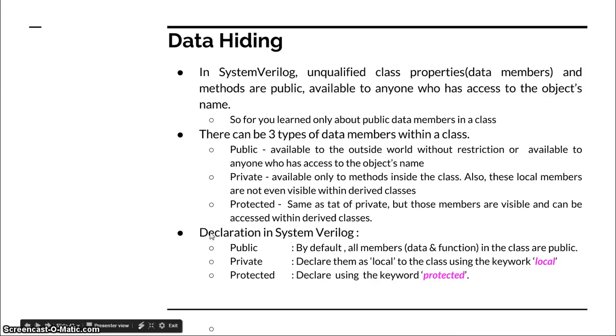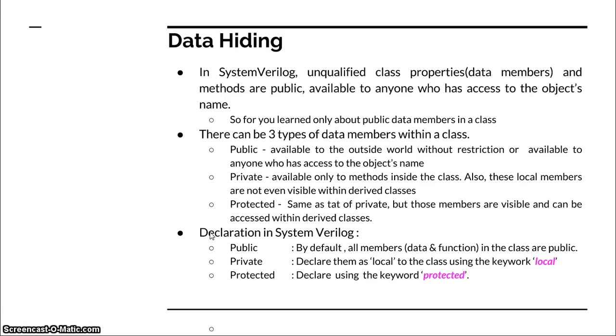That means you have to define member functions within the class which will access those data members and, if necessary, process and return some value. So if you want to get the value of a private data member, you have to add a function within the class, something like get data member value, and that function should return the value of the data member.